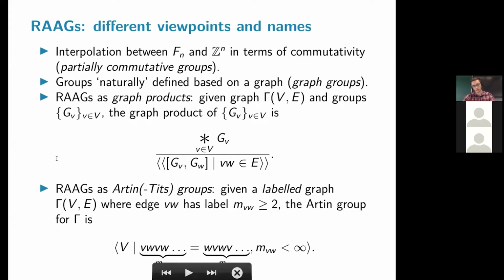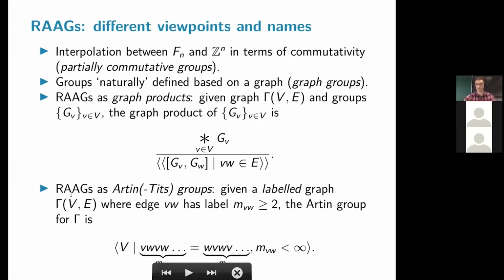Another way right-angled Artin groups fit into a subfamily of groups is for the family of Artin groups or Artin-Tits groups. This generalizes the construction of a right-angled Artin group in a different way. So instead of taking other groups on the vertices, we take another type of graph. We start namely with a labeled graph.